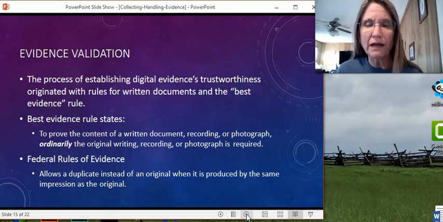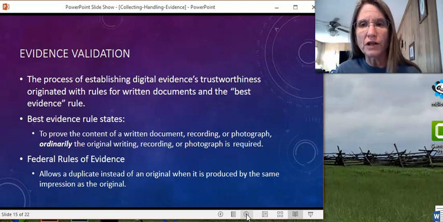This goes back to physical media. So a document would have been in paper, or an original recording on a vinyl disc.